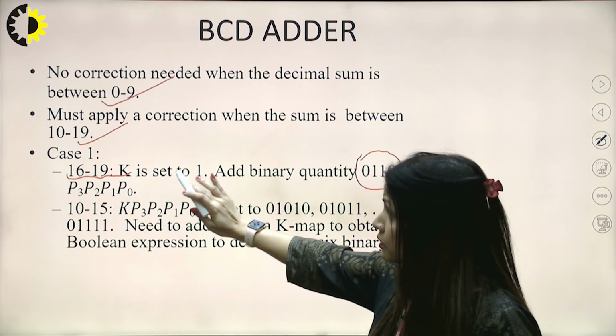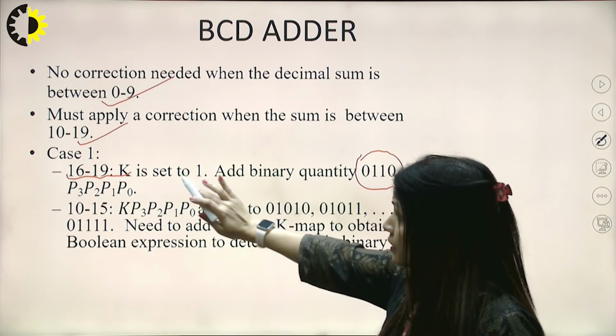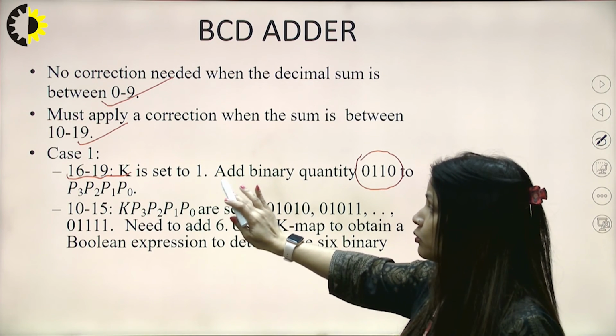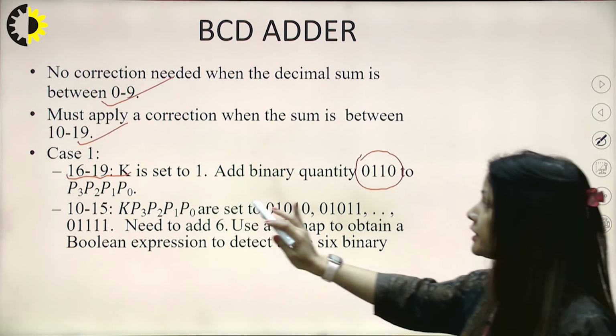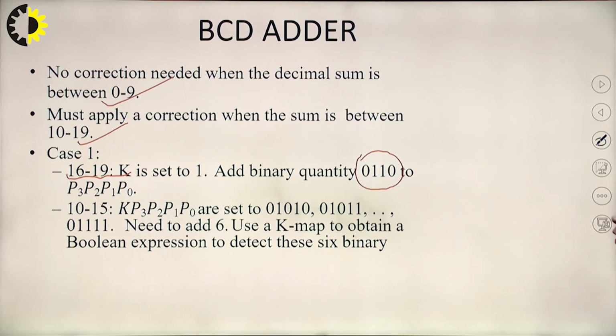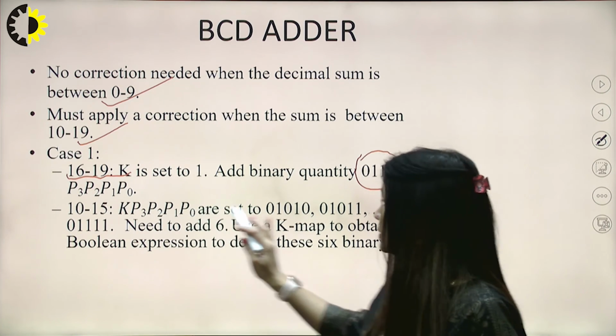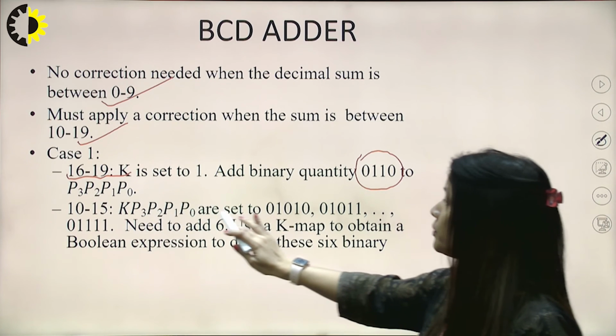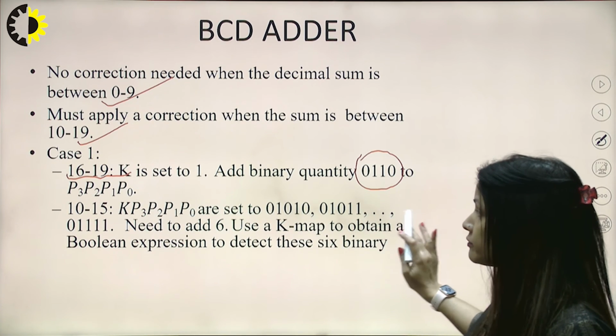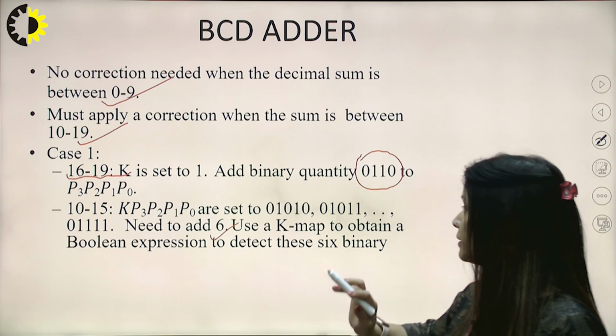So case 1, 16 to 19, K is set to 1. Apply the corrective action. For 10 to 15, the case is K, P3, P2, P1, P0 set to 0, and we need to add 6 again.